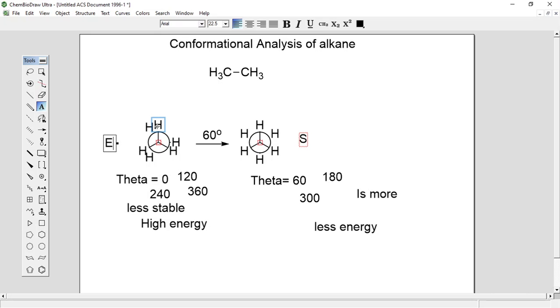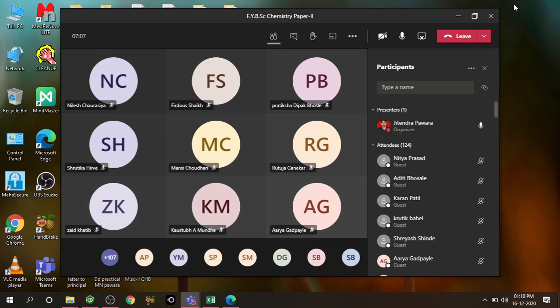So that's why it's a high energy conformation, because due to this steric hindrance, the energy of this conformation increases, and the energy difference between these two conformations is 3 kilocalorie per mole. Okay, now let me show you that.